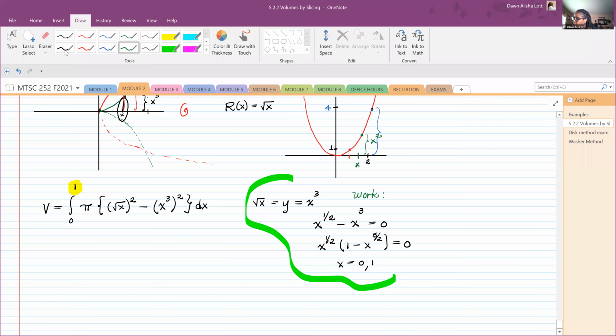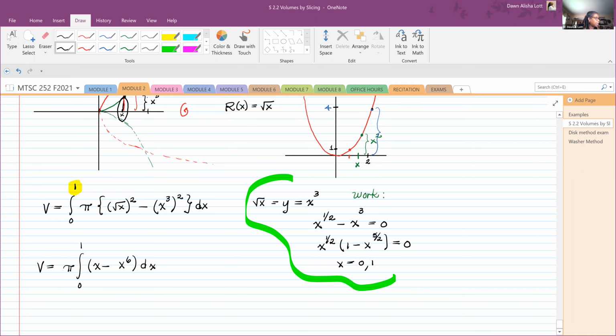Okay, so now the volume is equal to the integral from 0 to 1. I can pull the pi out, so let me pull the pi out. Integral from 0 to 1. Now I just get x minus x to the 6 dx.